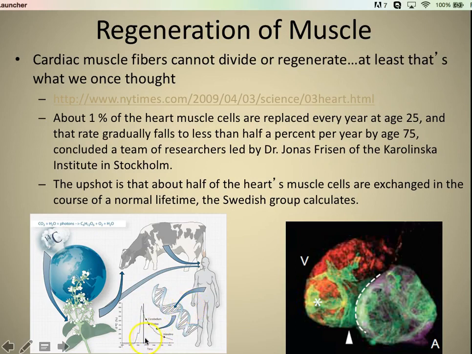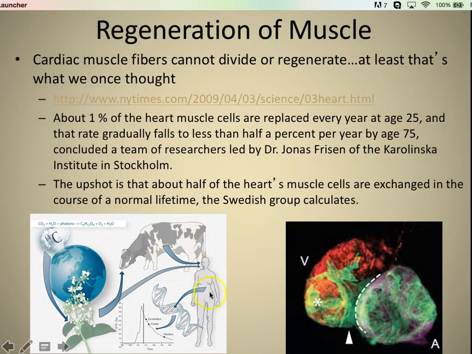So you can tell when a certain cell was born by the levels of carbon-14 in the atmosphere. If I take a look at your cell and I can see this level of carbon-14, I know that cell was produced at this time. Versus I look at another one and it has carbon-14 levels here, I know it was produced at this time. So hopefully that makes sense. Anyway, that's how they figured that out.